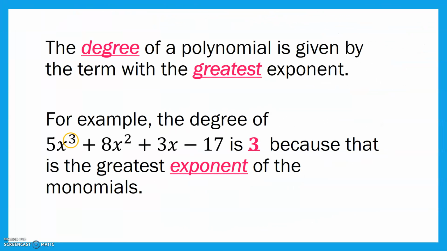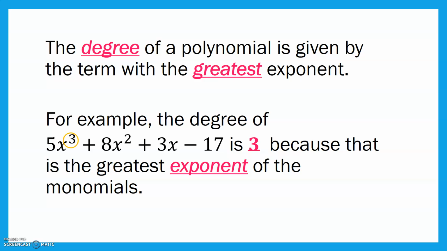The degree of a polynomial is given by the term with the greatest exponent. This applies to anything greater than a monomial, so anything that has more than one term. For example, the degree of 5x^3 + 8x^2 + 3x - 17 is 3, because that is the greatest exponent of all of those terms, those monomials.